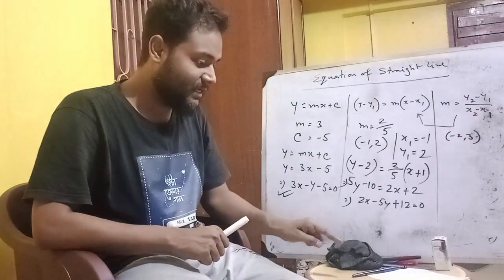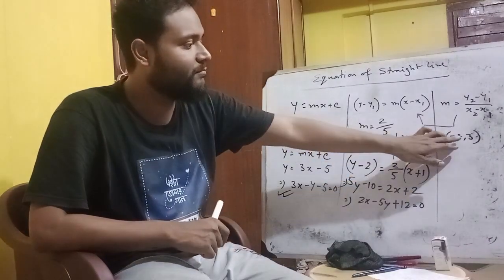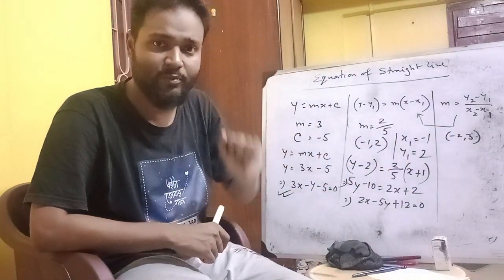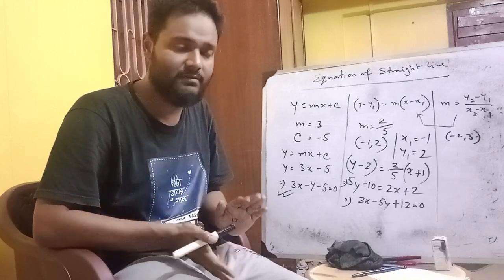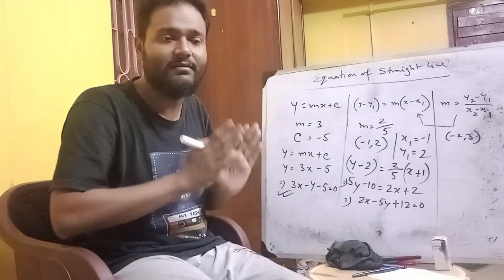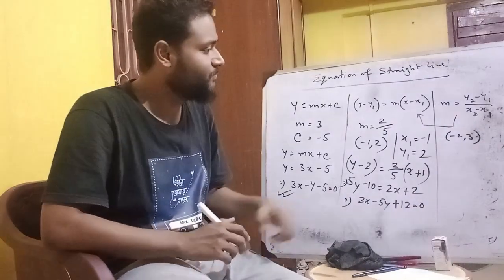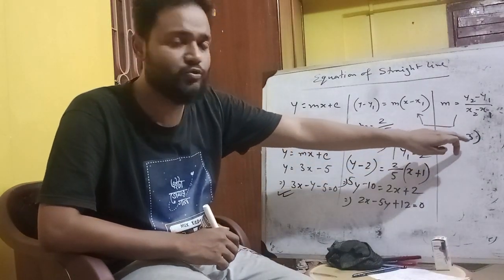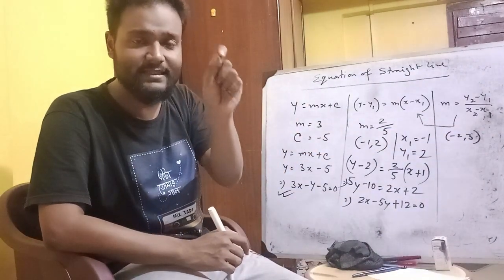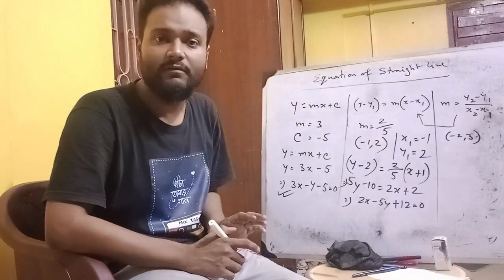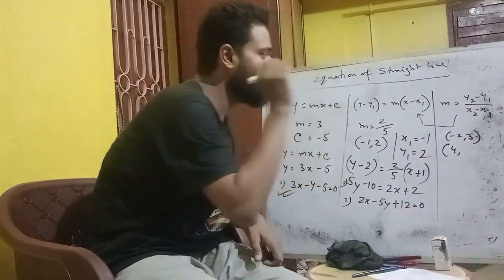This question was x intercept 4 units, minus 2 and 3, this is the 1 point, and another point is not given directly. In the question paper it was an indirect hint. So it was minus 2 and 3, and another point is x intercept 4. So x is 4 unit.